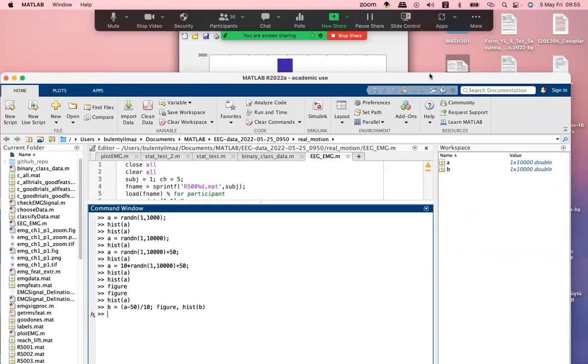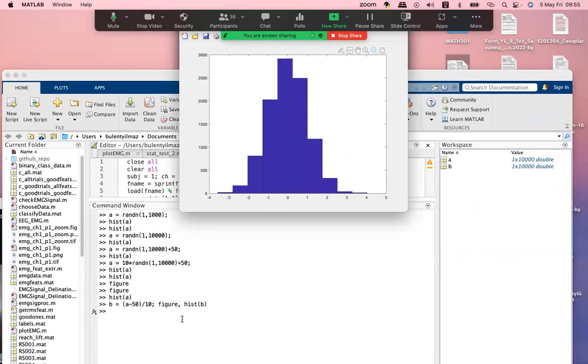Here is your distribution. How do you do that? If you count the number of numbers which are greater than 2 and divide by 10,000, you're going to get the probability, right?